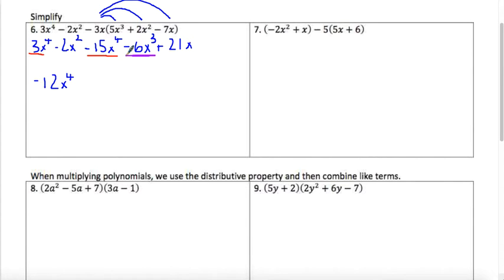And there are no other cubic terms, so that just stays as negative 6x cubed. Now I'll look at my squared terms. These can also be called quadratic terms.